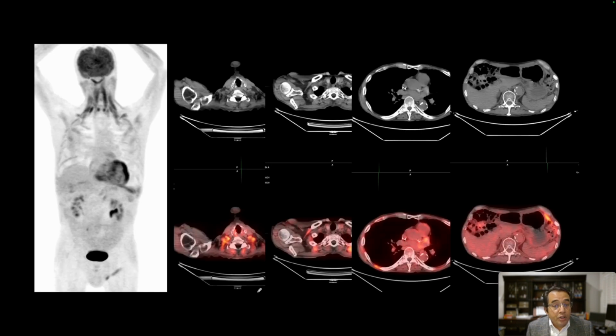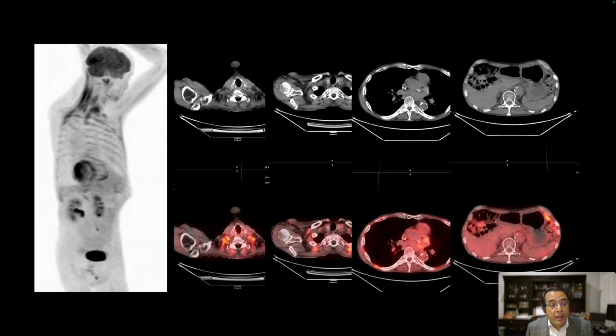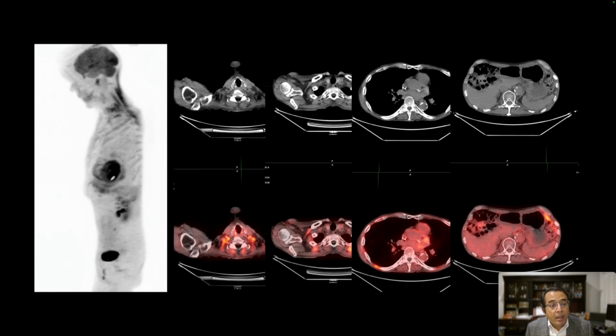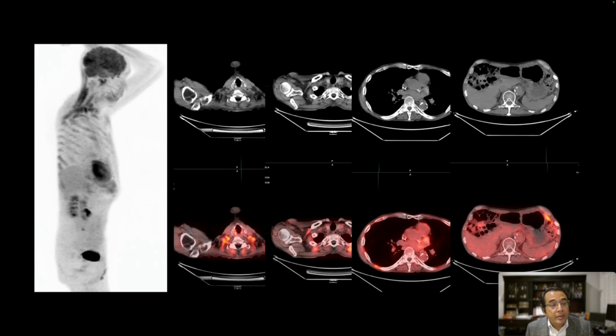This is our next patient, and we were evaluating a lung nodule using FDG PET-CT in this study. The lung nodule wasn't FDG avid, but we see linear symmetric uptake in the neck and also in the chest. So take a look at these linear foci of uptake.